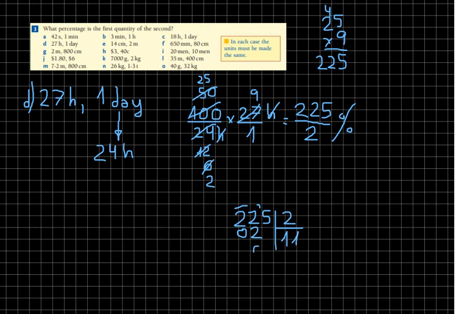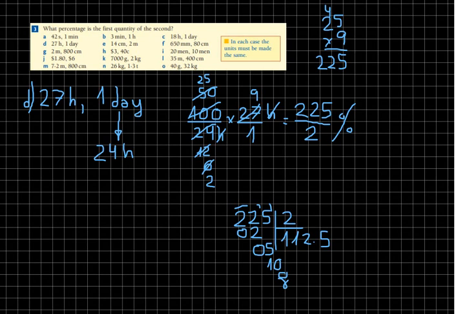To the 2, 0. I bring down the 5. And 2 times 2 is 4. To the 5, 1. I ran out of numbers, so I put a 0 here and a point there, and 5 times 2 is 10. To the 10, 0, and that's the end of this division.